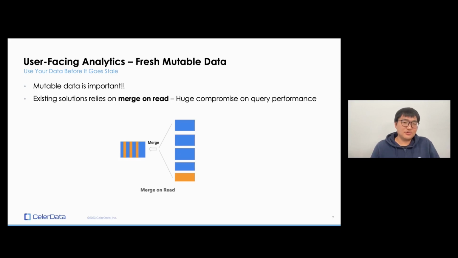It means that our analytical database uses a columnar store, so the data is stored in a columnar fashion in large chunks. Updating that in real time is not that simple, because a lot of updates are row based. Existing solutions based on merge on read mean that every time you write, it goes into a different version, and there's a compaction job in the backend that merges them together.